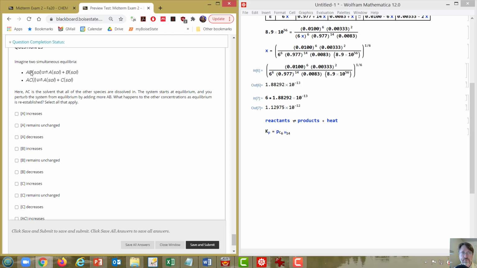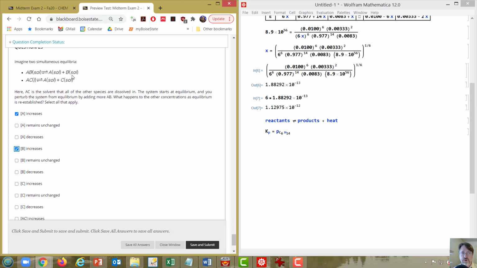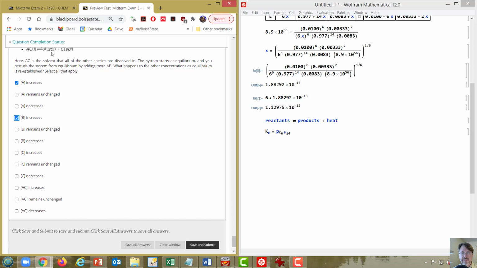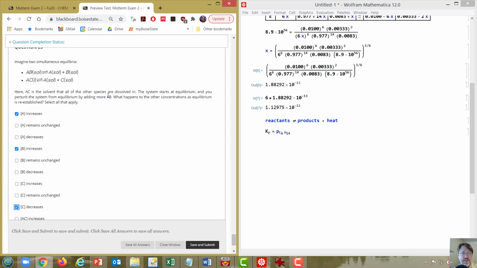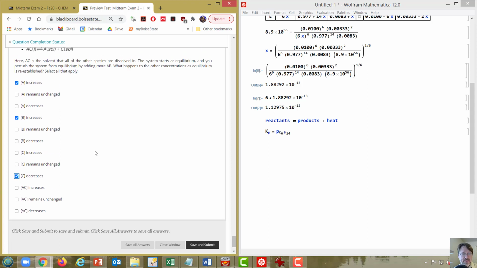Well, we add AB. That means that A is going to go up and B is going to go up because the equilibrium will shift to the right. Now, if A has gone up because of the first equilibrium, that means that the second equilibrium is going to shift to the left, and so C will decrease. Now, what is happening to AC? We could make an argument that the AC concentration increases.